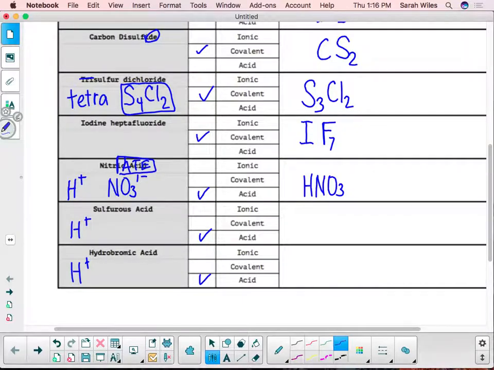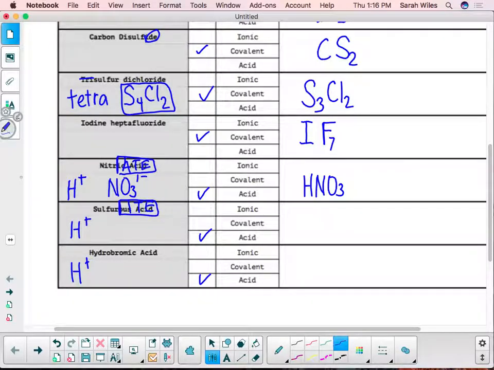Sulfurous acid. Acid comes from ite. There is no sulfurite. Phosphorus and sulfur are mean. It's sulfite. So that's the only thing you have to be able to remember: if sulfur bonds, it turns to sulfide. If sulfate bonds, it turns into sulfurous or sulfuric.